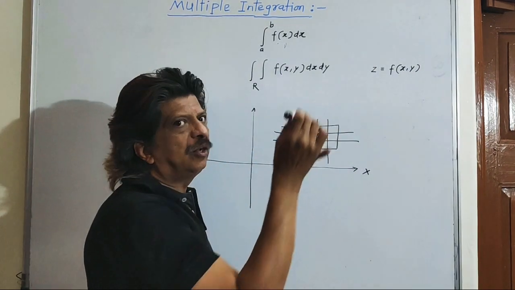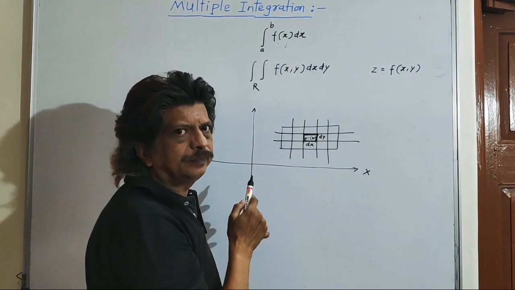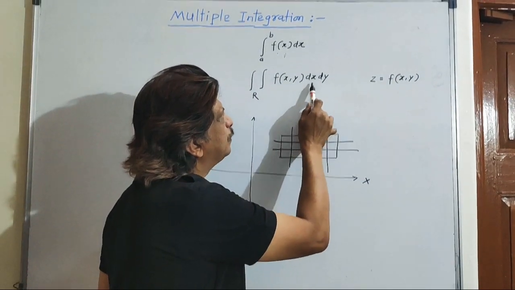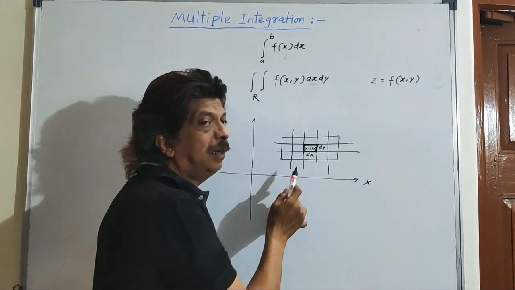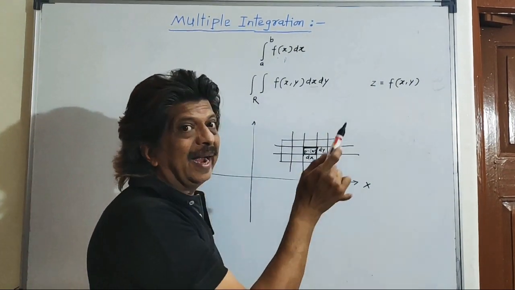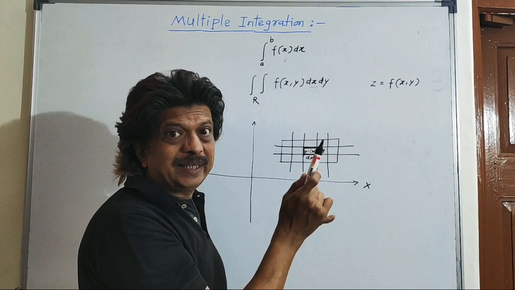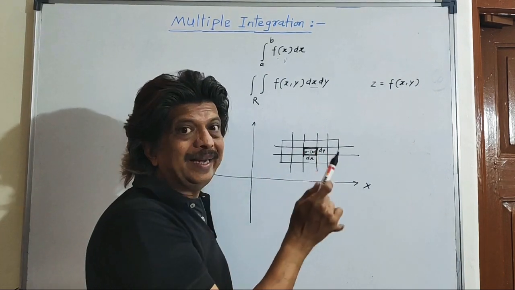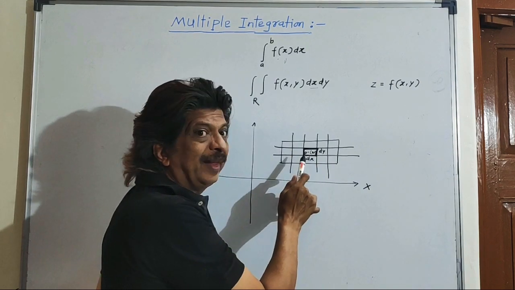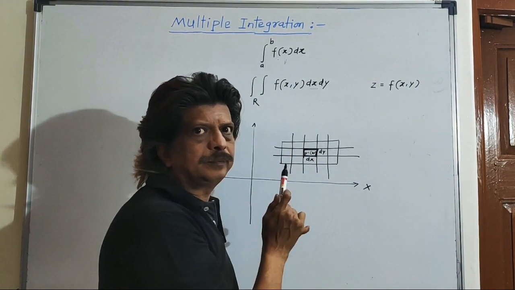Z means the height of this rectangle. Height of this rectangle means dx dy, the area of this rectangle, multiplied by f of x, y. What does it mean? Area into height means the volume of the solid erected over this rectangle.